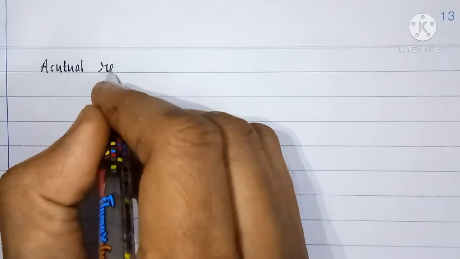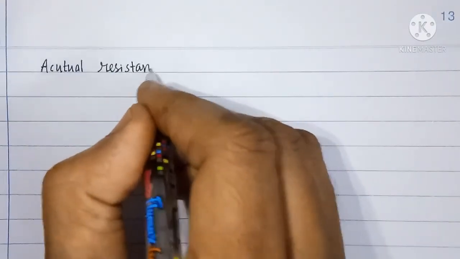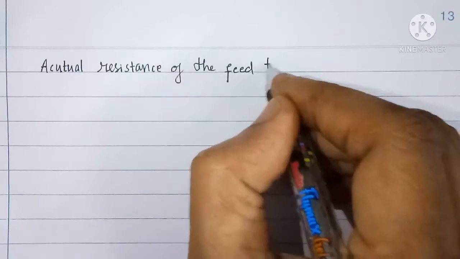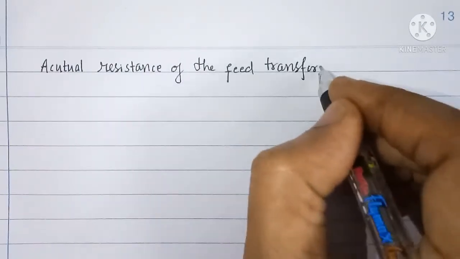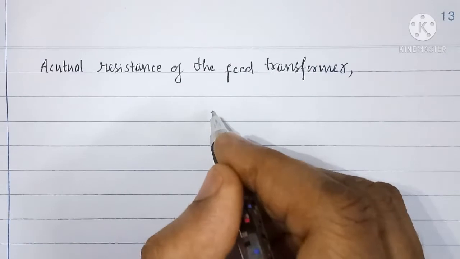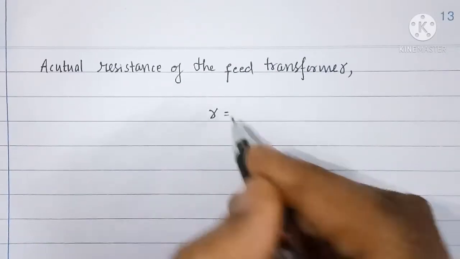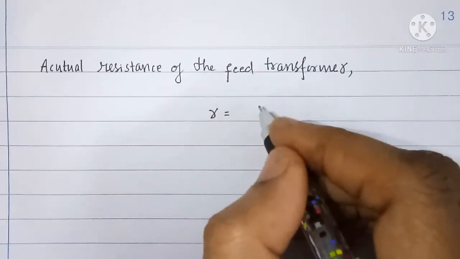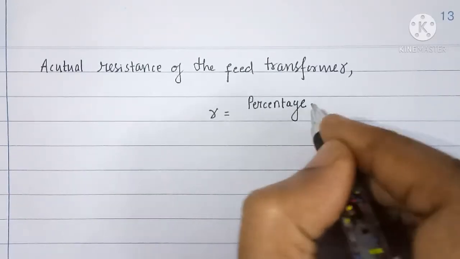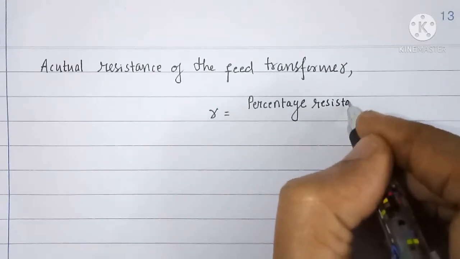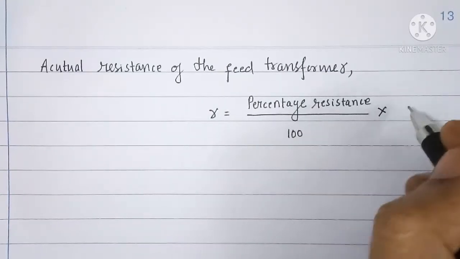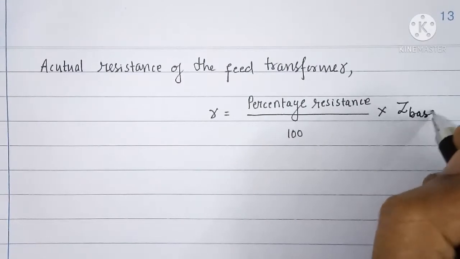Actual resistance of the feed transformer is equal to percentage resistance divided by 100 into base impedance.